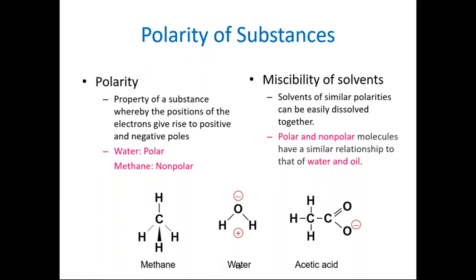It doesn't give rise to a charge. It gives rise to positive and negative poles. So you see here, water is polar because it has both negative and positive poles. Methane is non-polar. Acetic acid is polar.